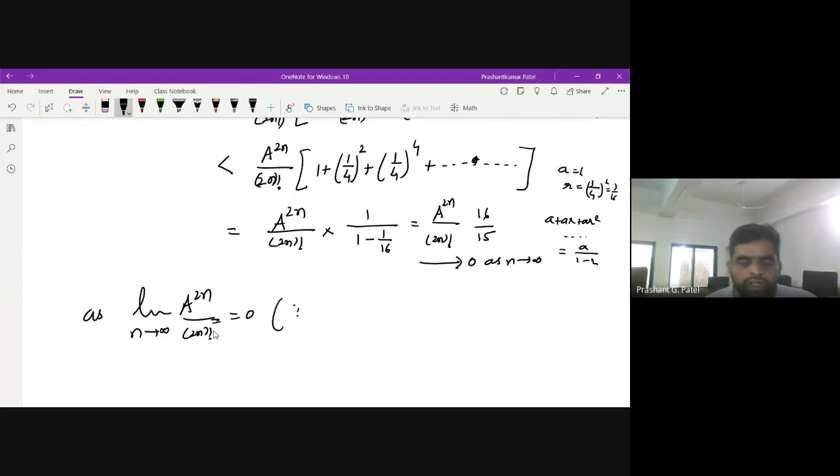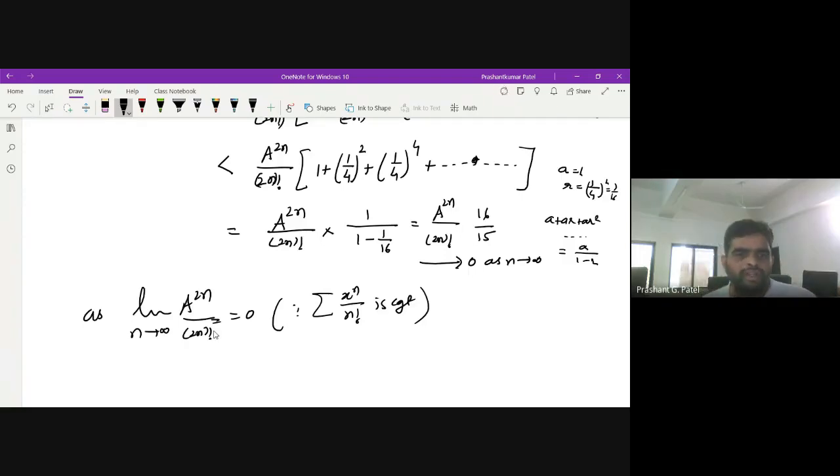Because I have already given the argument that summation x power n upon n factorial is convergent. If this series is convergent, its nth term will go to 0. So that's why this a power 2n upon 2n factorial will be 0.